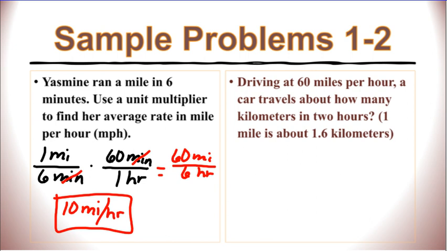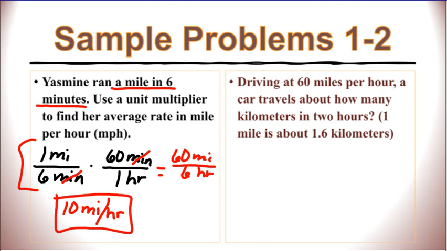Now, in order to set up this first part here, all I'm doing is just taking the first part that they told me, 1 mile in 6 minutes. That's my ratio. So every time they're giving you a starting point, just write that exactly the way they have it. Whatever's first goes on the top, whatever's second goes on the bottom.